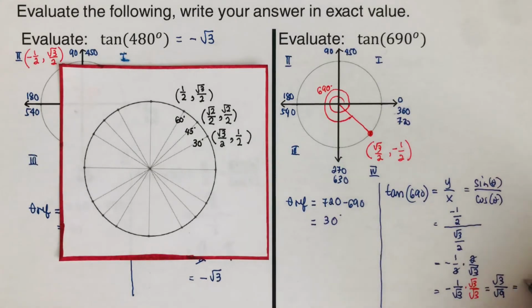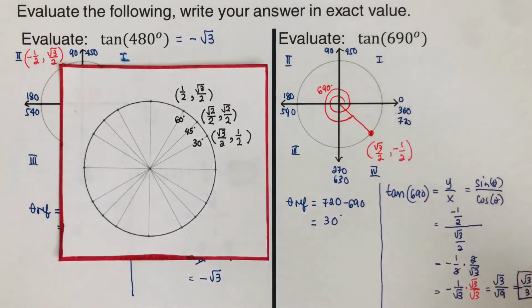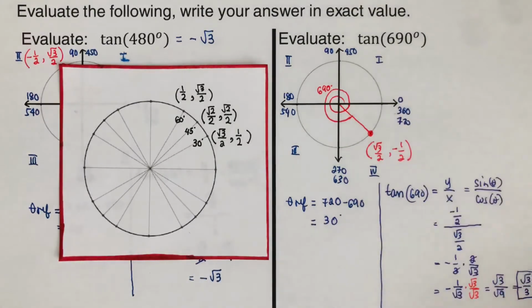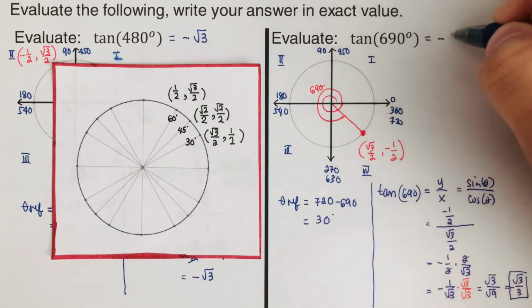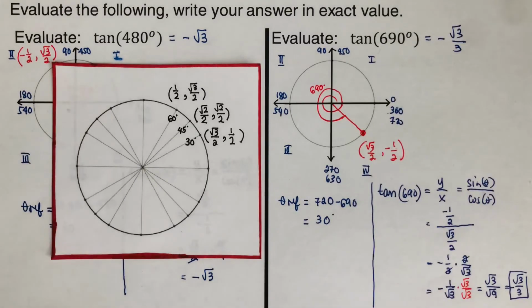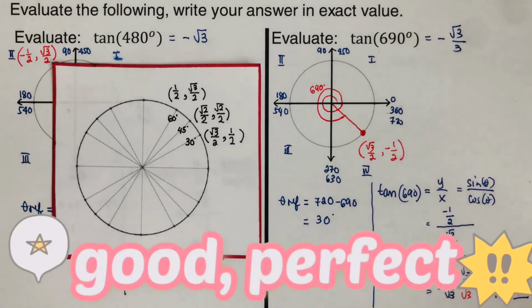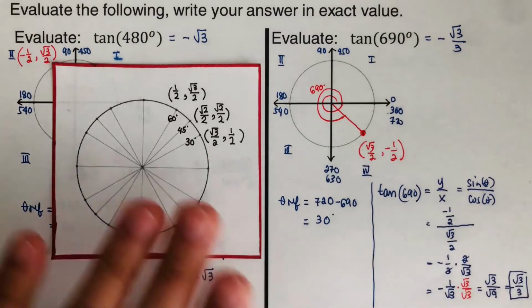So this comes out to be square root of 3 over 3, and this is a negative value. This is the value for tangent 690. So I write here that it is negative square root of 3 over 3. Did you get the same answer as this? Good. Perfect. Now let's move on to the next example right here.